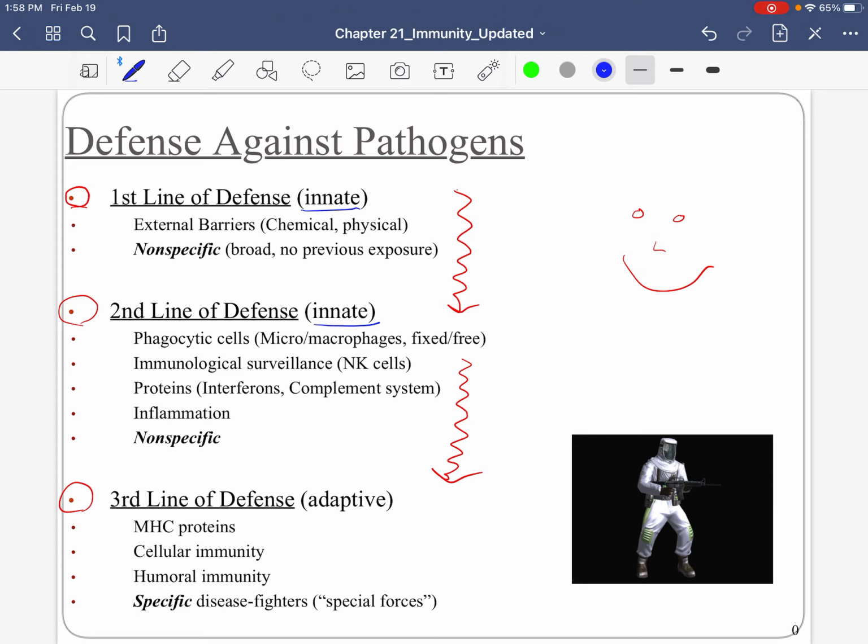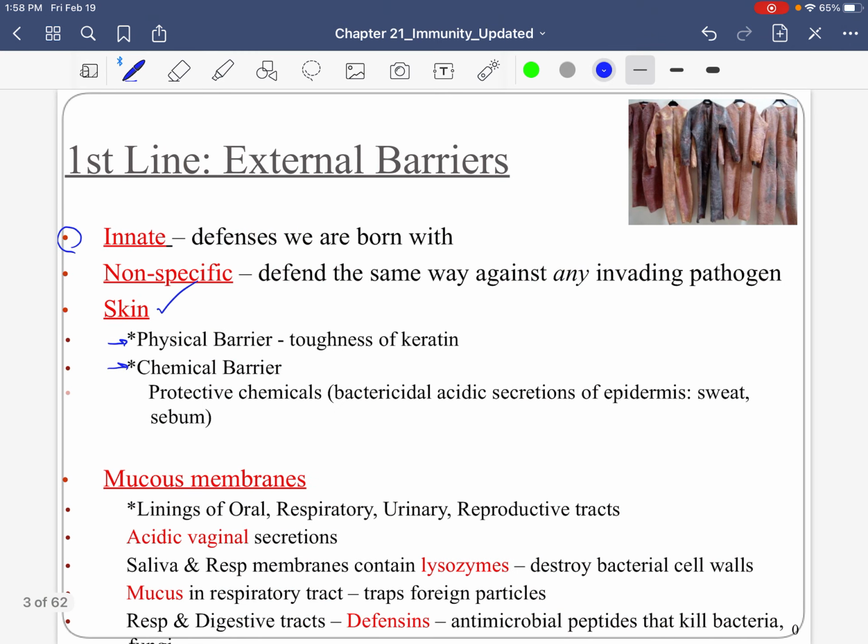We very quickly form an immune system of white blood cells, which is going to make up our second line of defense, most of them. So when we say innate, it means that these are things within our body that we are born with, or that we gain over time with maturation, as part of the normal maturation process. And the first line of defense, the skin, of course we're born with that.